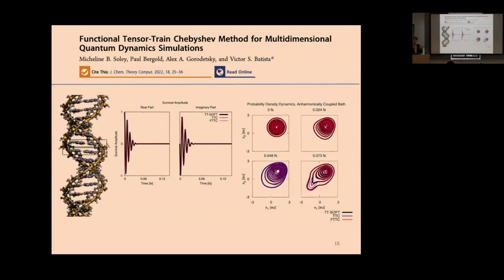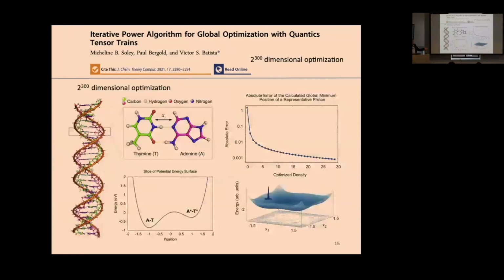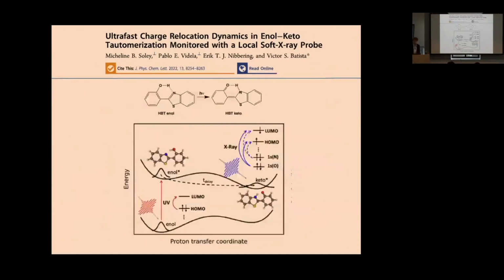With that approach, we have demonstrated, as I mentioned, that one can simulate the dynamics, for instance, of all of these hydrogens that are involved in hydrogen bonding in this piece of DNA, which follows dynamics very efficiently because it's a sufficiently low rank object, as well as we have used that representation for global optimization, which works very well. And also photodissociation dynamics, which is another one of those applications that I mentioned at the very beginning.